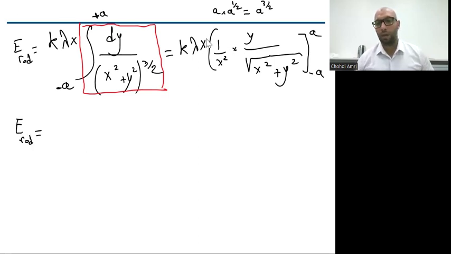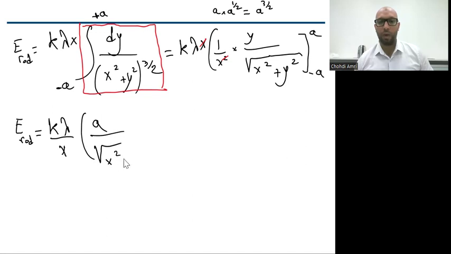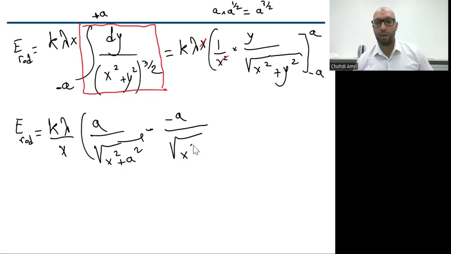Cancel this x: k lambda over x multiplied by a over square root of x squared plus a squared, minus minus a over square root of x squared plus minus a squared.